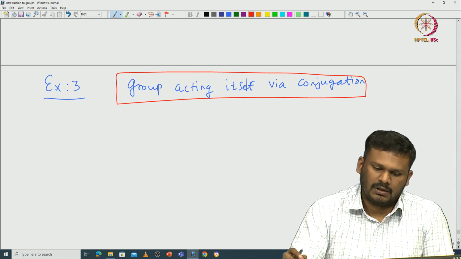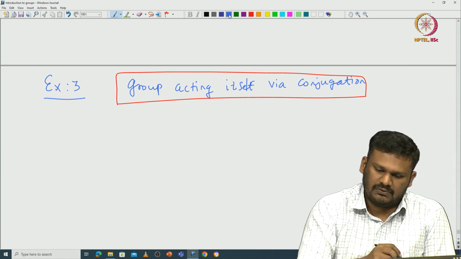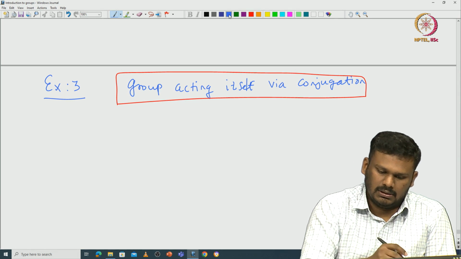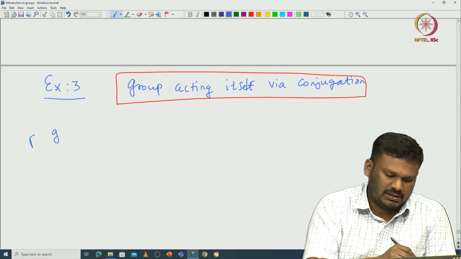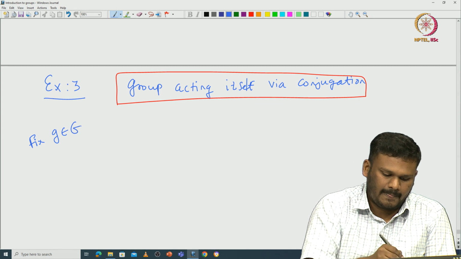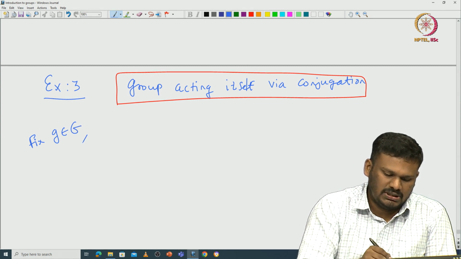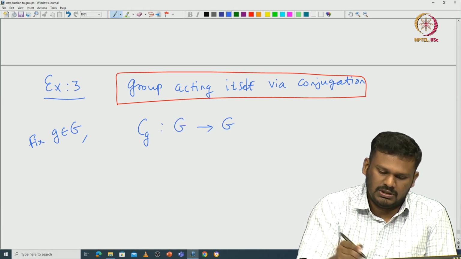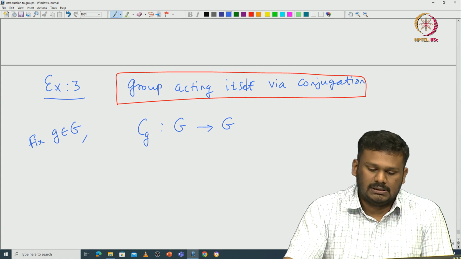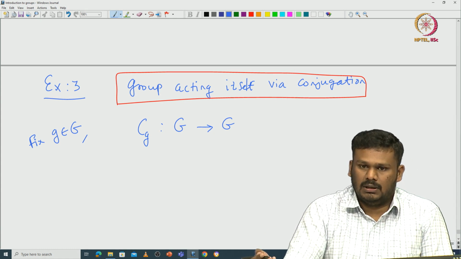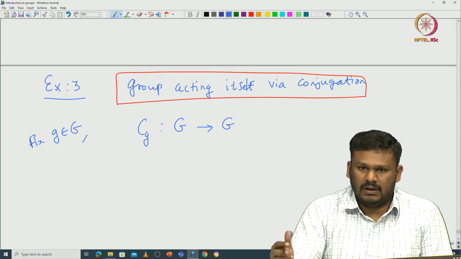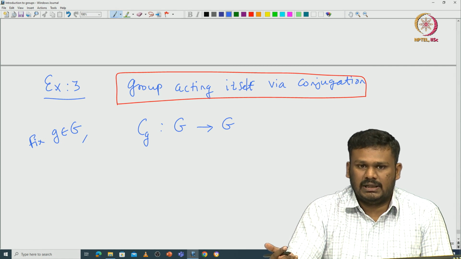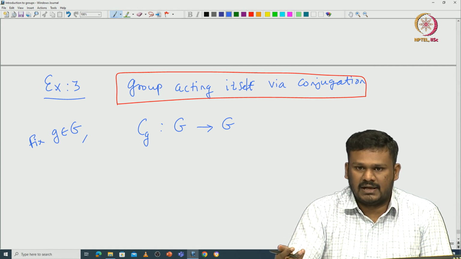So, let us first of all look at the map that we are interested in. You fix some g in G. Then using this g, one can define this map Cg, which is a map from G to G. Because we have group multiplication, given two elements g and x, we can talk about the conjugate of x by g.